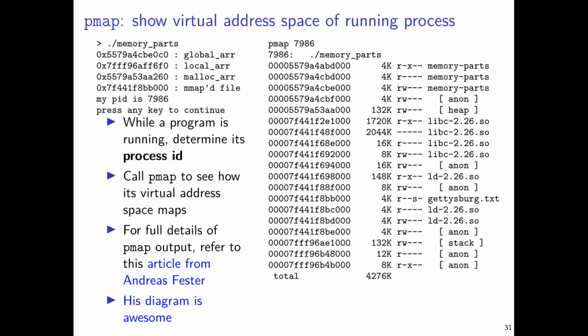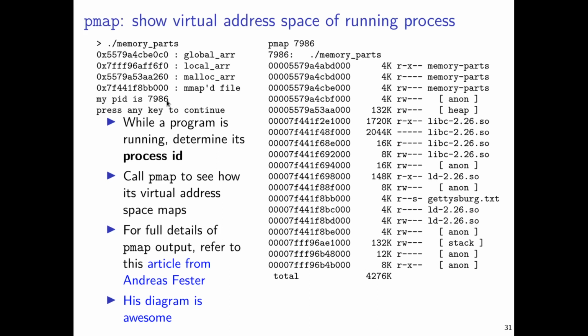So for instance, in a lab, you'll have a look at a little memory parts program. You compile this thing and you run it, and it will print out some addresses for things like an array that's in global memory, an array that's local to the main function, an array that's been malloced on the heap, and a memory mapped file.